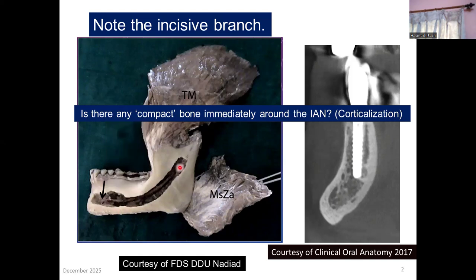This is the nerve. Actually, it is a neurovascular bundle. This is the mantle. And the arrow is the incisive branch, which we have discussed previously here.